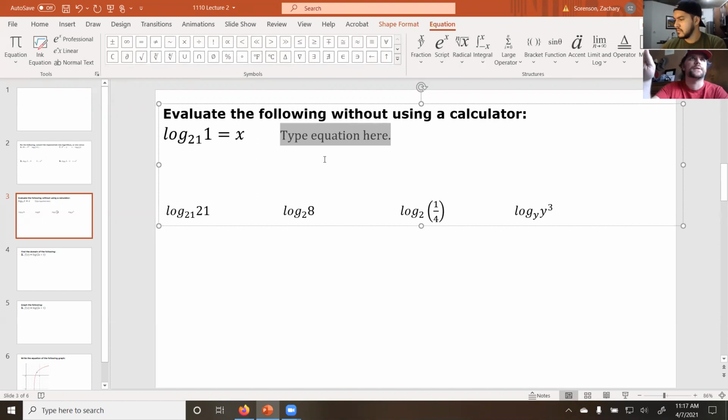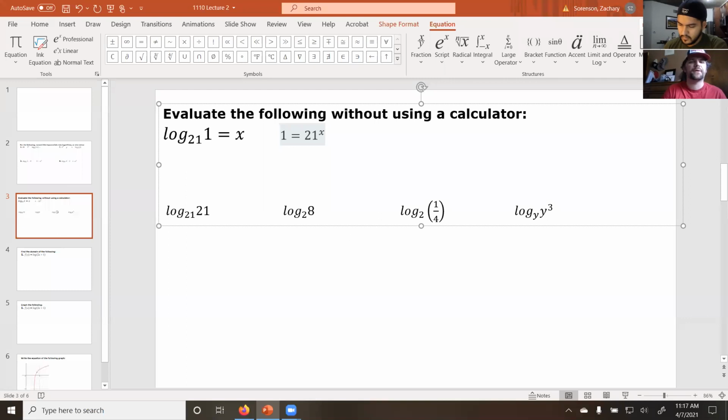So I could convert this. I want to translate this into an exponential because typically people feel a little bit more comfortable with an exponential than a log. I know I do. So if I turn this into an exponential, now my question becomes, what power can I take 21 to get 1?